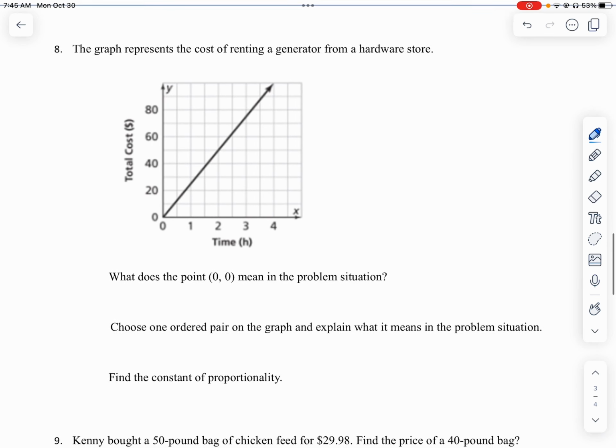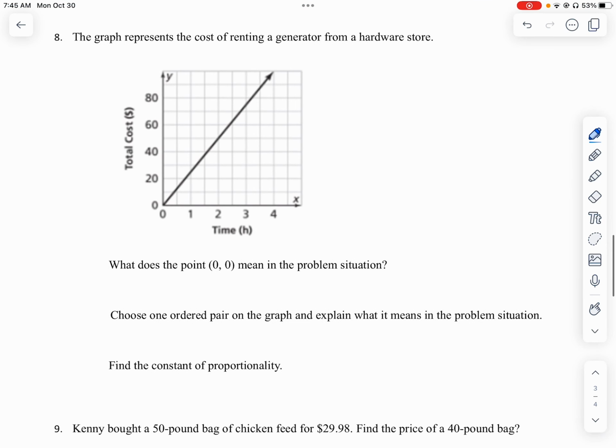The graph represents the cost of renting a generator from a hardware store. What does the 0, 0 mean in the problem situation? It means 0 hours, cost $0. Choose one ordered pair and explain what it means in the problem situation. I'm going to pick this point here, which is 2, 50.